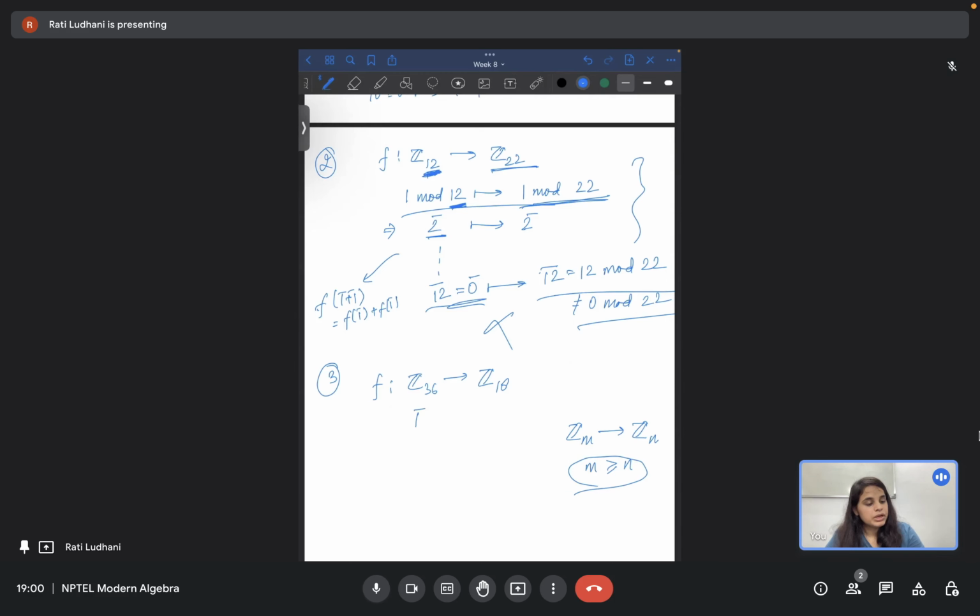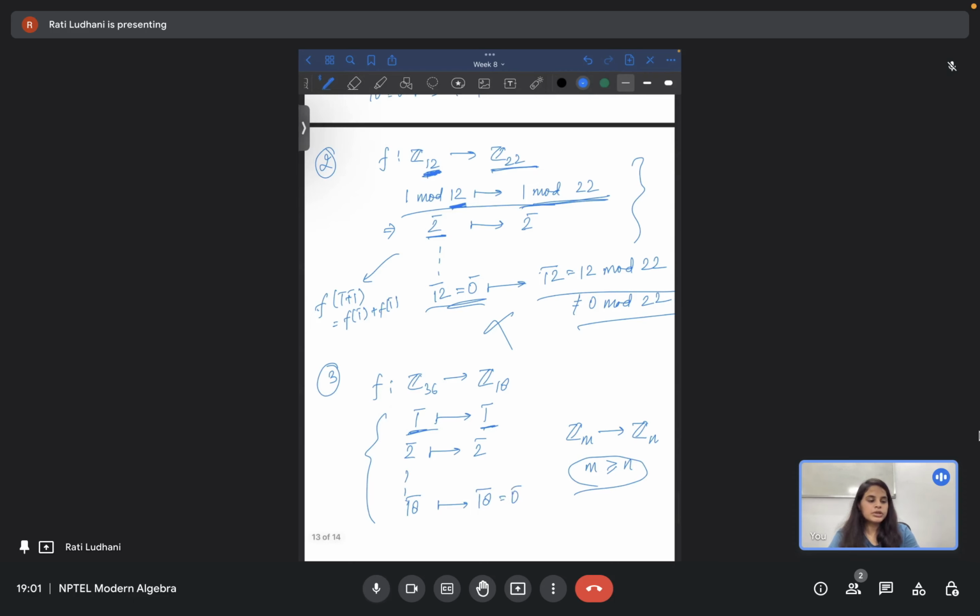So 1 bar is going to 1 bar, that is mod 36 and mod 18. Then 2 bar will go to 2 bar, and if you go till 36, I am saying this is a perfect ring homomorphism. Why? If you reach 18, it will go to 18 bar, which is 0 here.